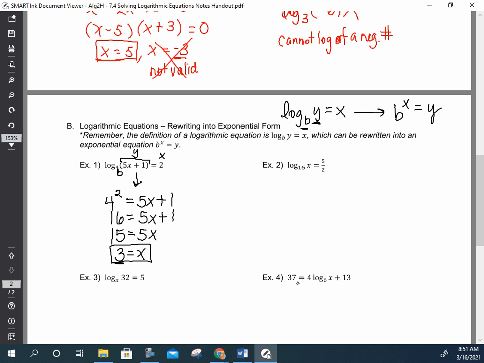All right, so example 2. Example 2 works the same way. 16 is your base. The x is where the y component is. 5/2 is where the x component is. So if we do the rewrite, that ends up being 16 to the 5/2 power equals x.